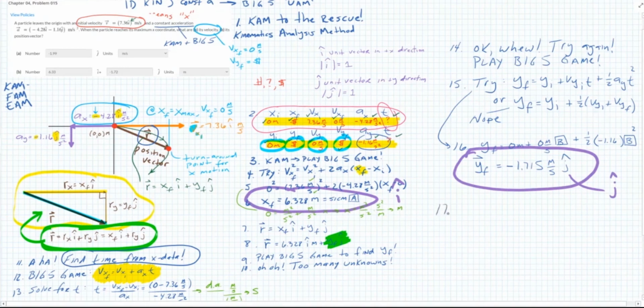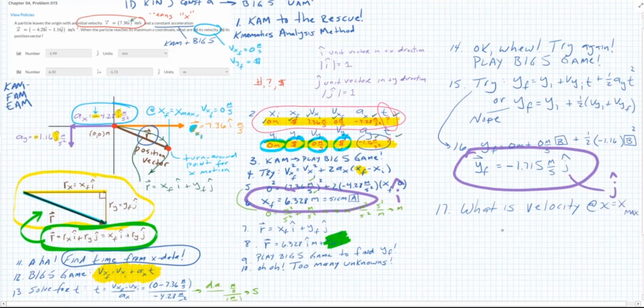So number 17. The only thing left to do is part A, which said, what is its velocity? What is the velocity at x equals x max, the turnaround point? I know the coordinates.